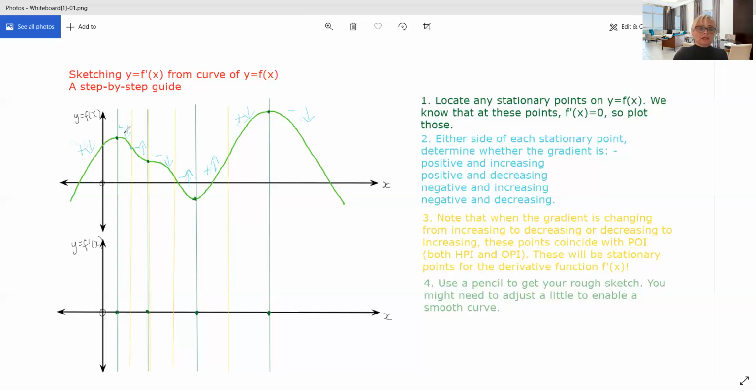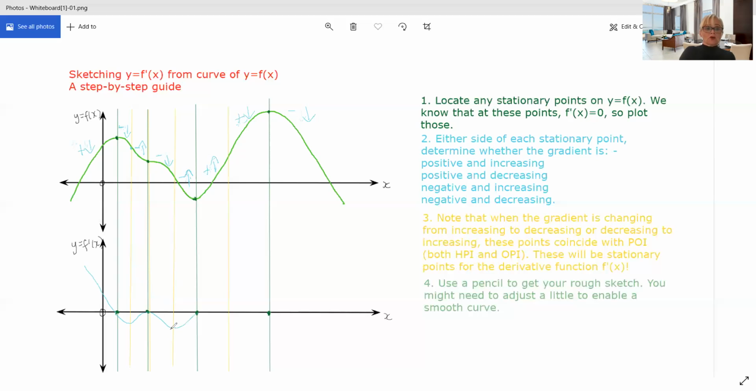This graph is particularly fiddly around this section because it's easy to do positive and decreasing to here, and then it's negative and decreasing and negative and increasing, but then it's got to be negative and decreasing back again. So what we're actually going to have to do is something like this.